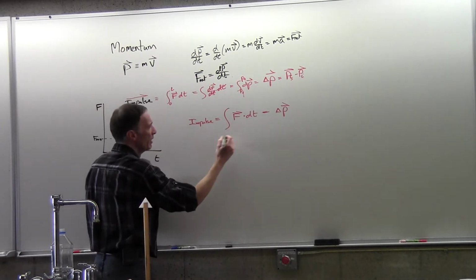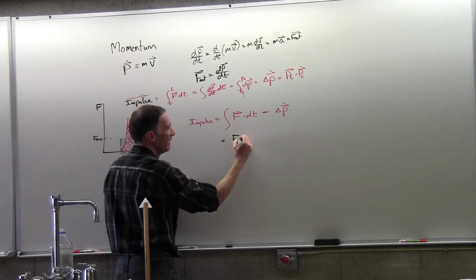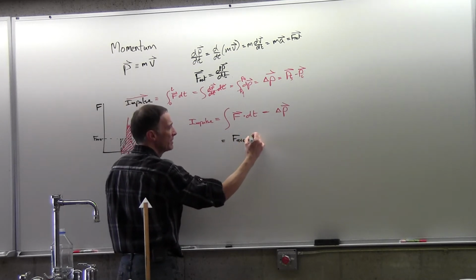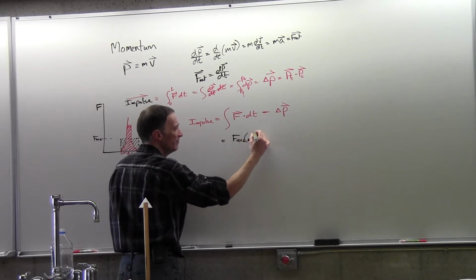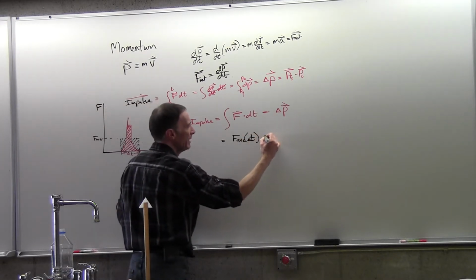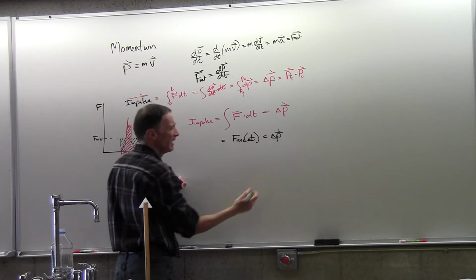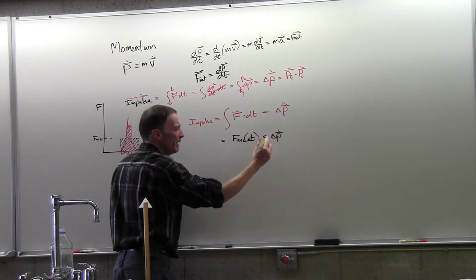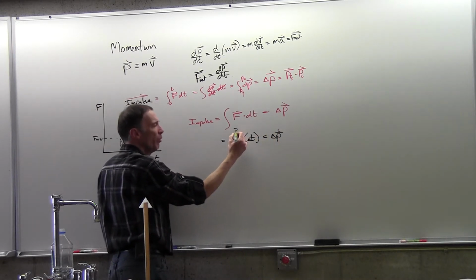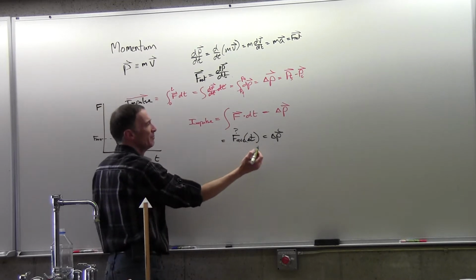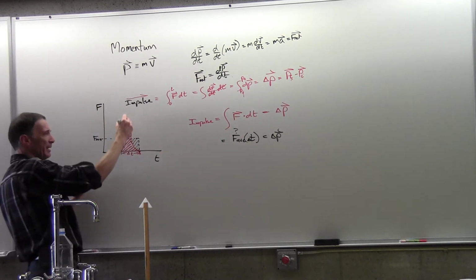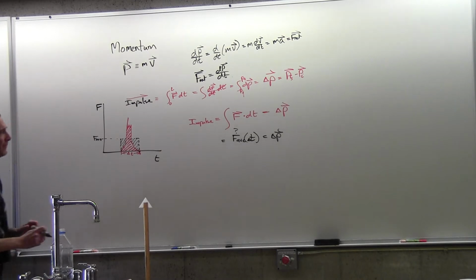So sometimes we will just say this is going to be F average times a delta t, and that will be equal to your change in momentum. Sometimes you'll figure out what the change in momentum is, and then the question would be, well, what is the average force? Because we can't necessarily get back to what's going on.